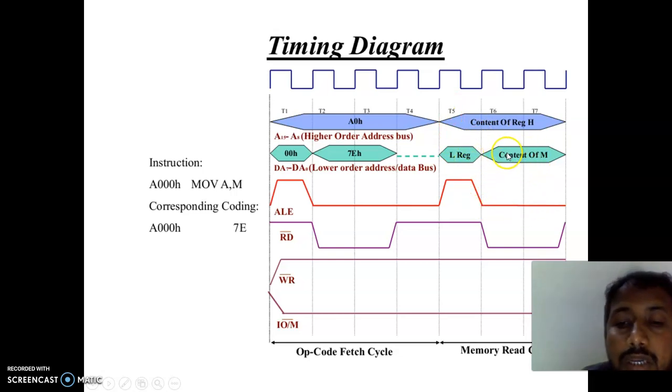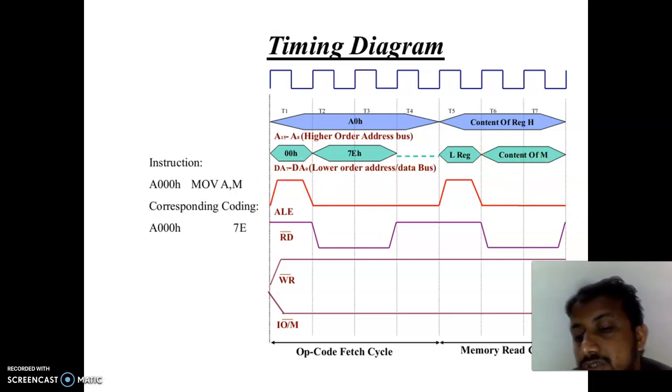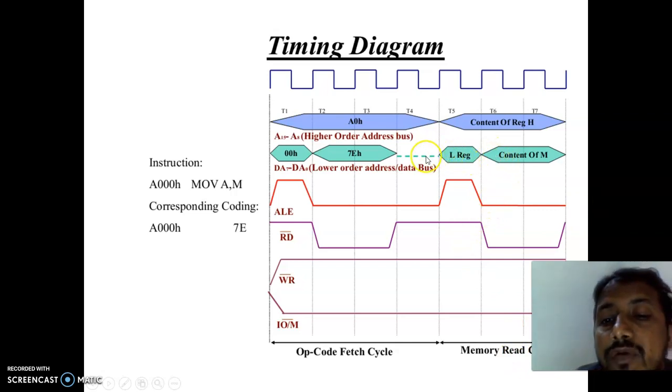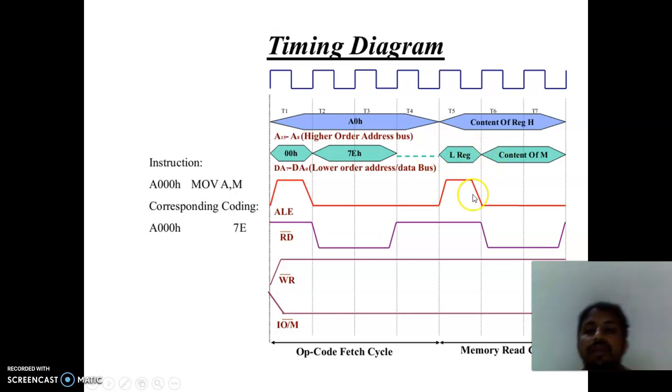Next, since I go for the lower order address bus, it will be acting as D0 to D7. It would be giving you the content which is stored in the memory location. It would go for reading the content in the memory location and it will pass over here. So it may be delayed. You can't have it immediately at the second clock pulse itself, so the second clock pulse will be deferred.